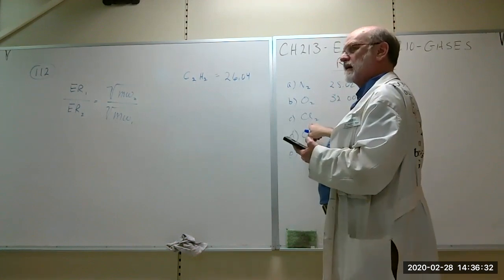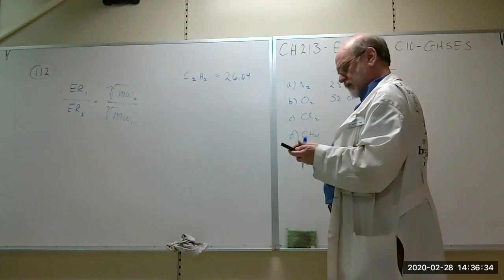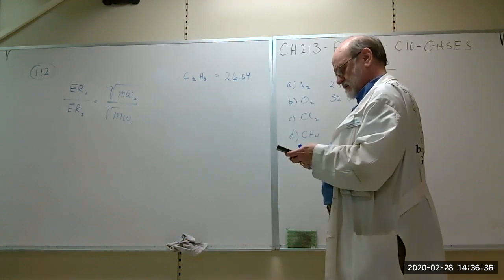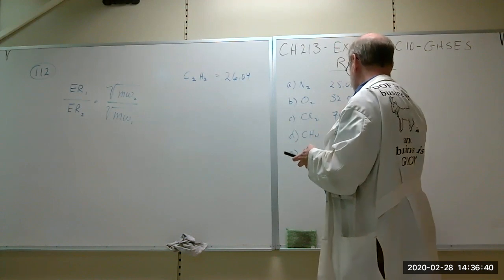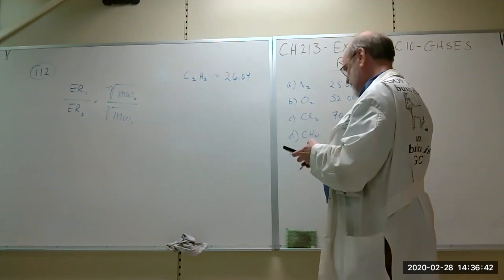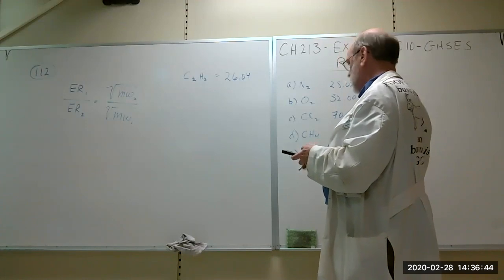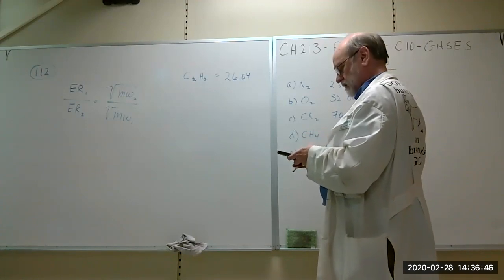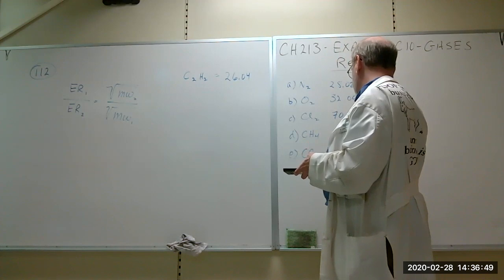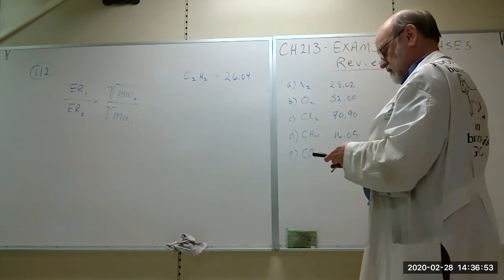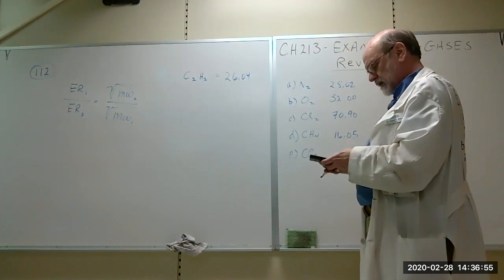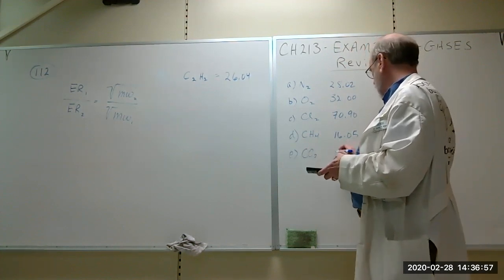Chlorine is twice 35.45, 70.90. Methane, 12.01 plus 4.04, 16.05. And CO2 is 12.01 and 32 for the oxygens, 44.01.